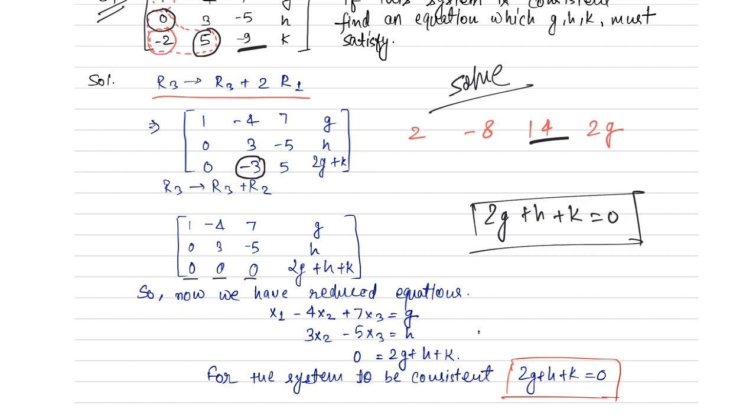It is given that the system is consistent. So if this system of linear equations is consistent, it is necessary that this must be 0.